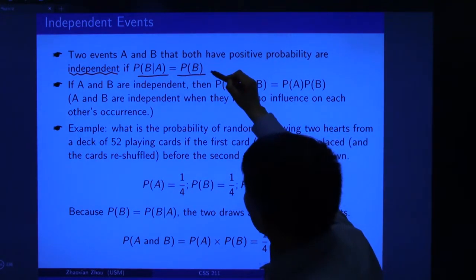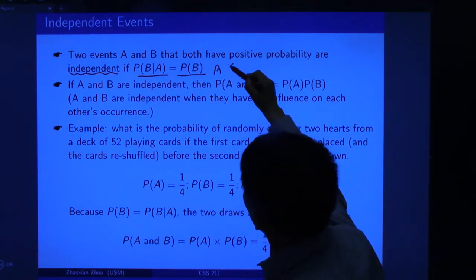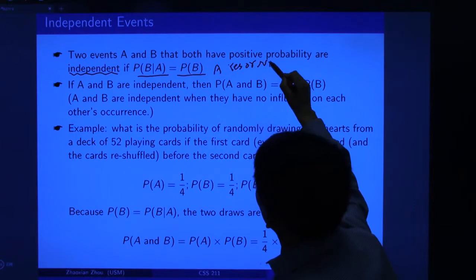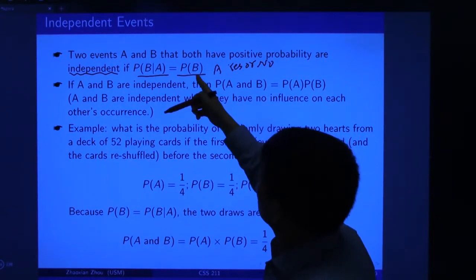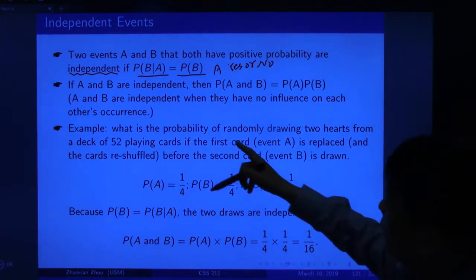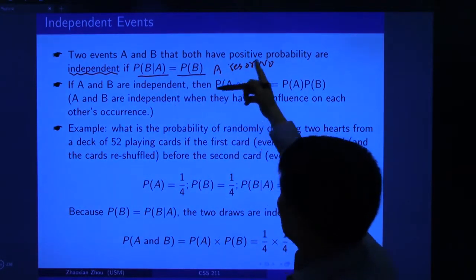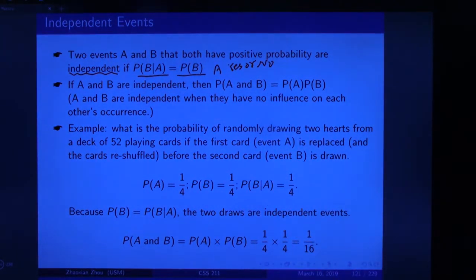Here is A, yes or no, we don't care. If these two probabilities are equal, that means A and B are independent. So that is how we determine whether two events A and B are independent.